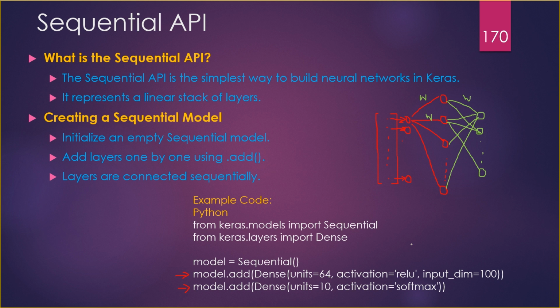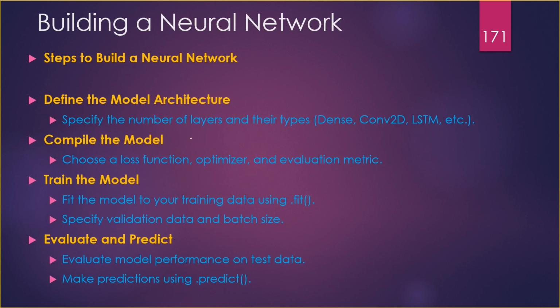It is not possible that for some set of neurons we will have one activation function, and for another set of neurons in the same layer we will have a different activation function. In a particular layer, for all the neurons, you will have the same activation function. Similarly, for another layer, maybe the activation function can be softmax. So it depends upon our choice. Okay, so in this way, I have done this.